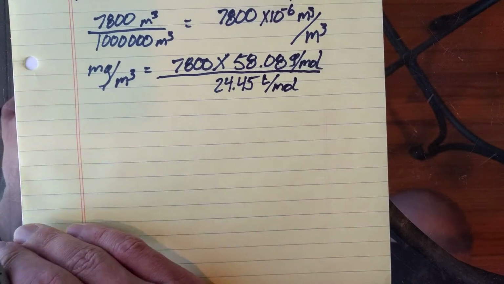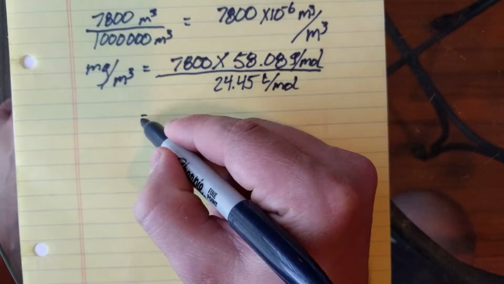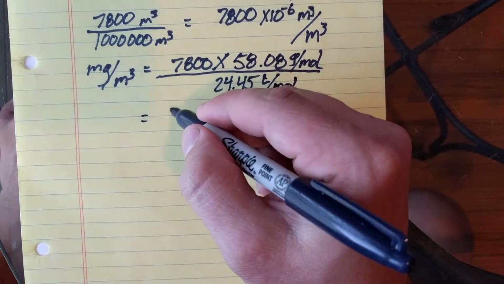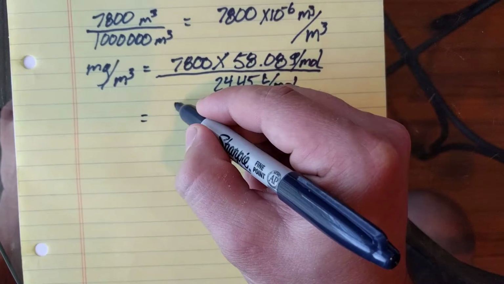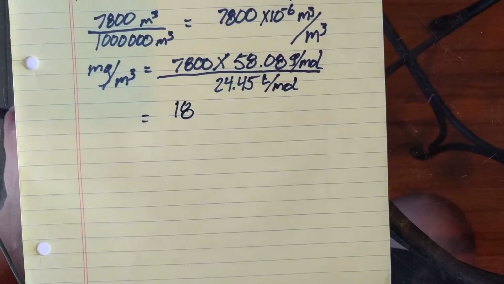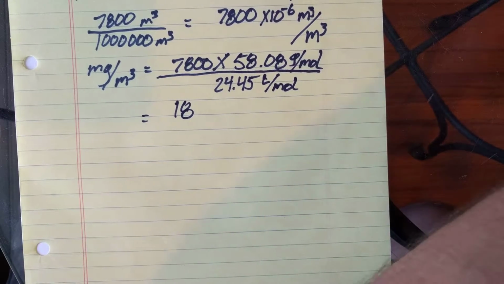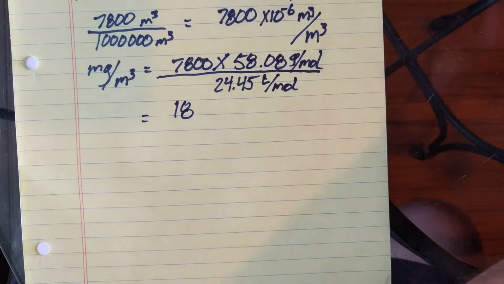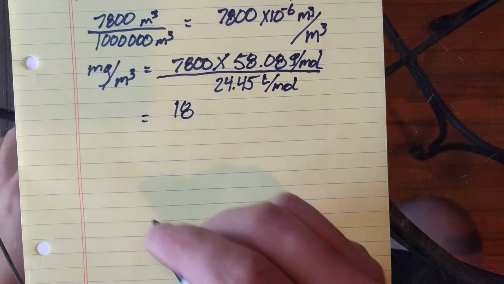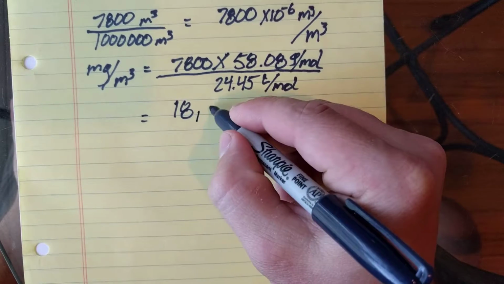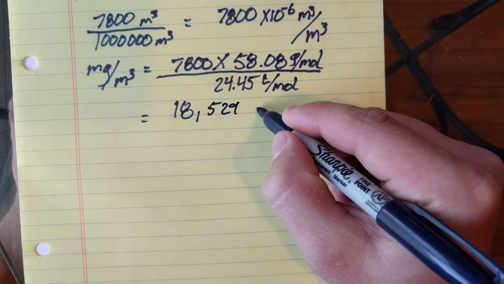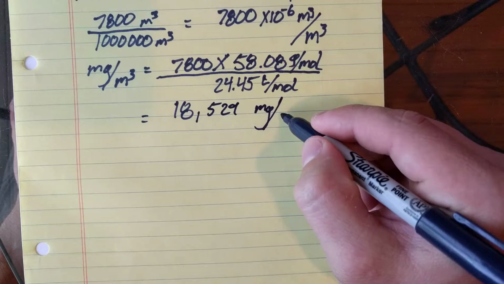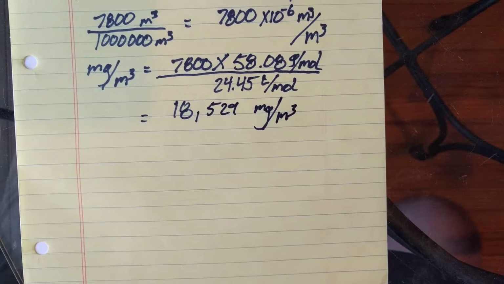So no worry. What you get when you work this out is about 18,529 milligrams per meter cubed, okay?